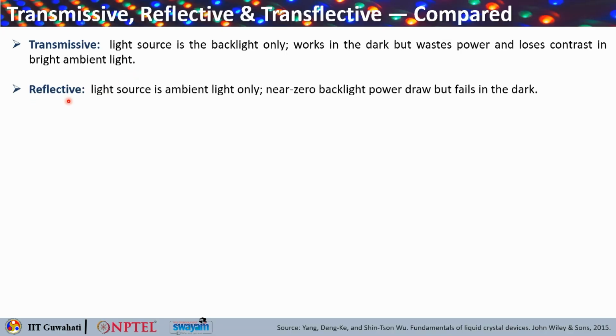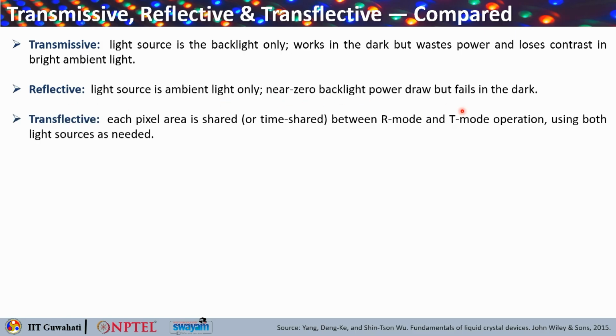On the other hand, the reflective ones use the light source which is available in nature. The light source is basically the ambient light itself. So, near zero backlighting power, it basically draws very little power. The power requirement for reflective is almost 0, but it fails in the dark.